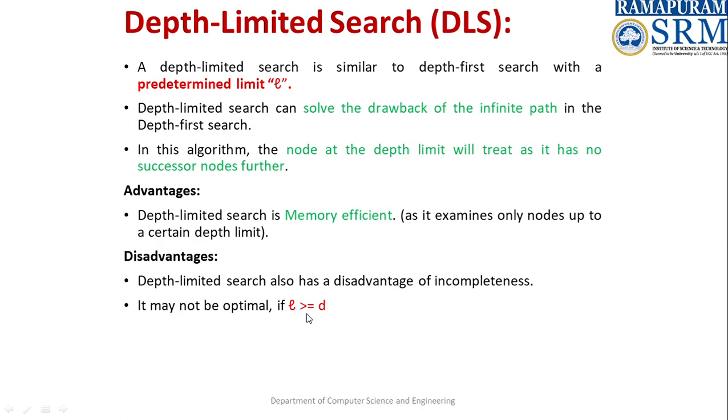Suppose in the same tree with 100 levels, you have the predefined limit L as 90. Your goal state is present in the 10th level itself, but the depth limit is 90.